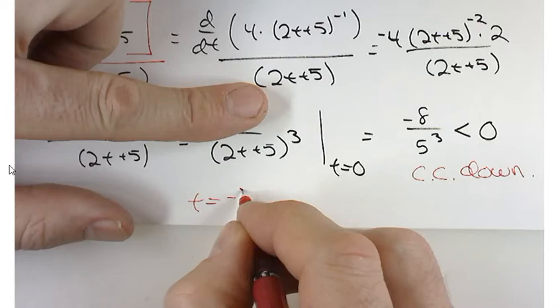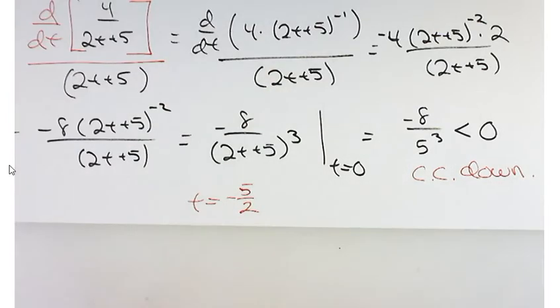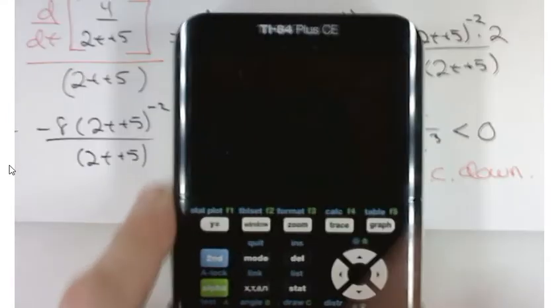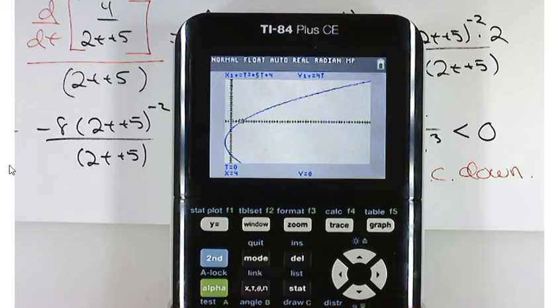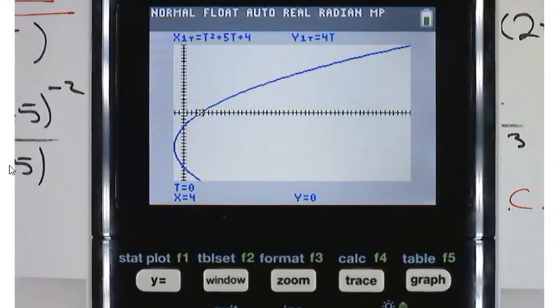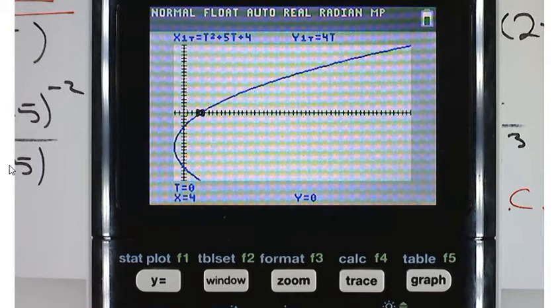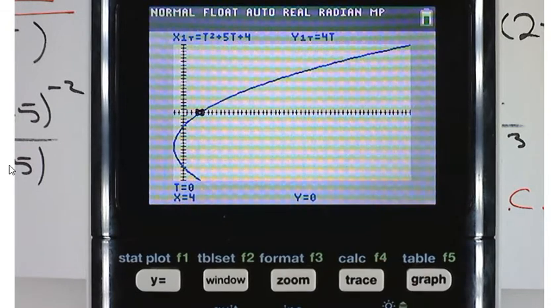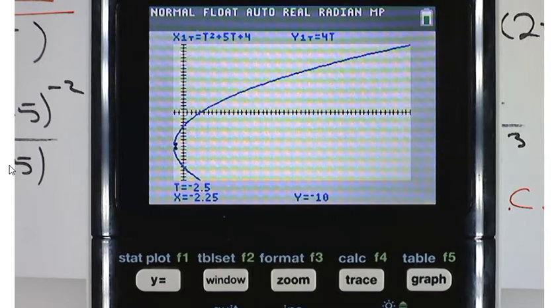Yeah, negative 5 halves. So let's do a little trace here. Take out your calculator, hit the trace button, and let's see. Negative 5 halves is negative 2.5. Where did that put you? Where's that point land? It lands right on the vertex.